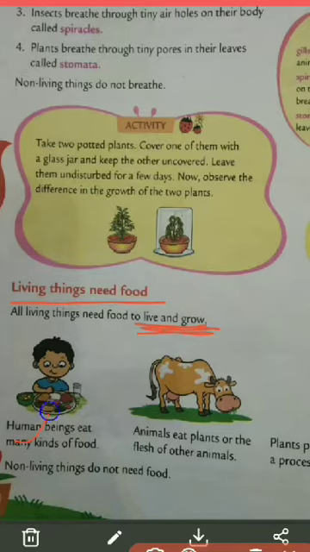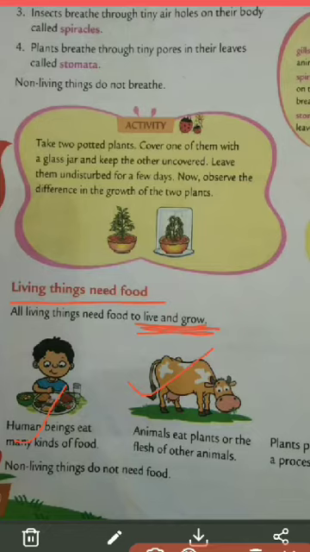Human beings eat many kinds of food. Some animals eat plants, like cows, and some animals eat the flesh of other animals, like tigers and lions.